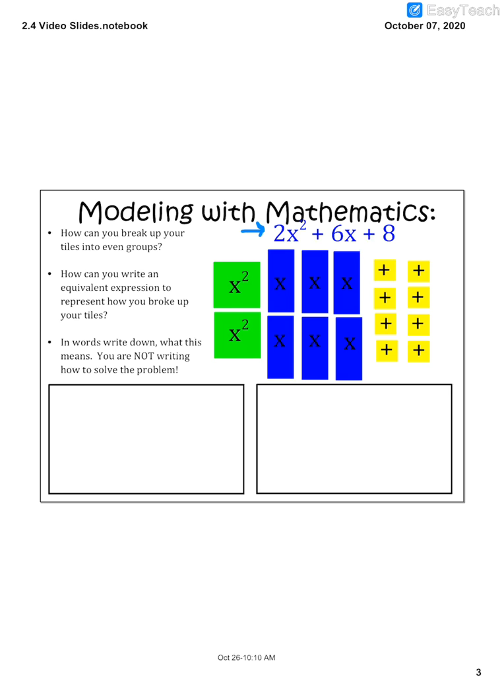So I see that I have 2x squared. So what I can do is put an x squared here and an x squared there. So that uses both of my x squareds. I have 6 x's. So if I want to break those into even groups, I would have 3 x's in each group.